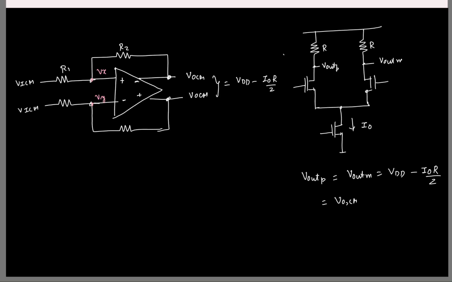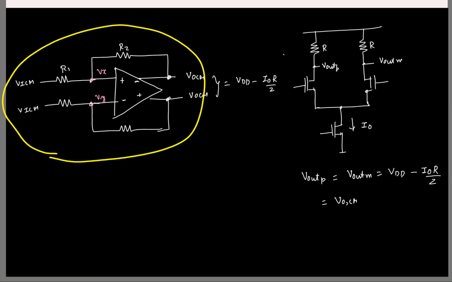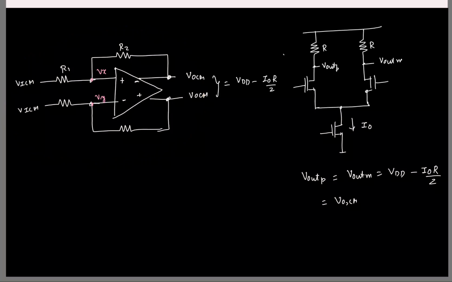So now I have formed this negative feedback around this fully differential op amp. Now what will this negative feedback enforce? If I have an op amp with a very large gain and I put it in negative feedback, what does it enforce? In terms of the virtual ground voltages, they will be equal, right?